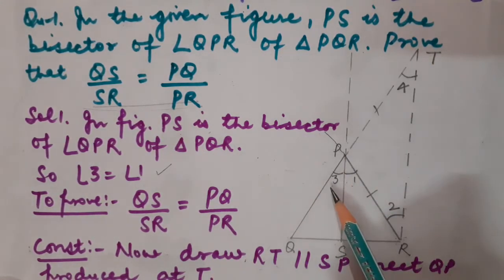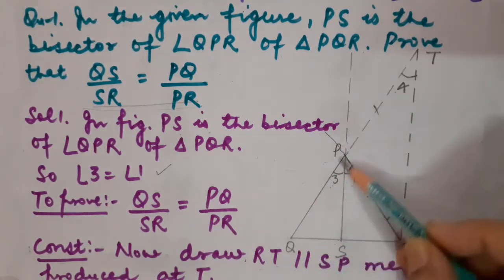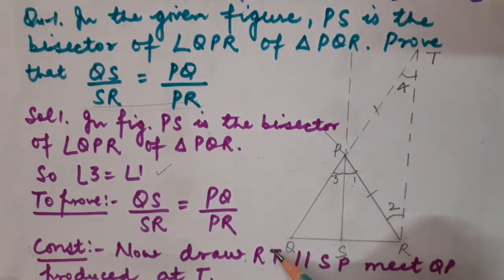So can I say that angle 3 is equal to angle 4? Why? This angle is also above the parallel line and angle 4 is also above the parallel line, and they both are on the same side of the transversal as well as having the same matching position. Then can you guess what kind of angles they both are? Yes, angle 3 and angle 4 both are corresponding angles.